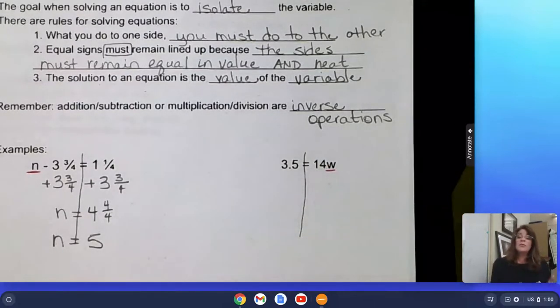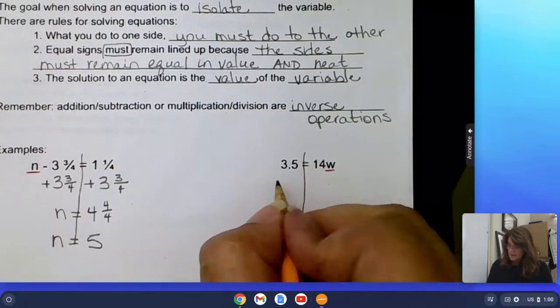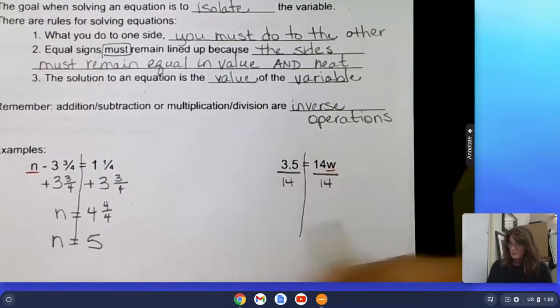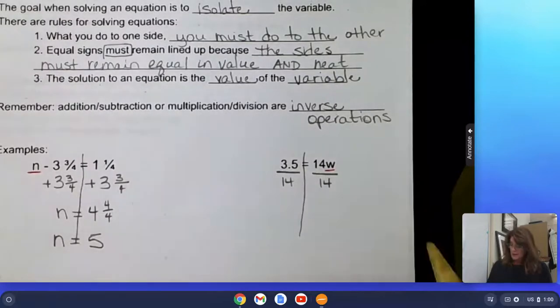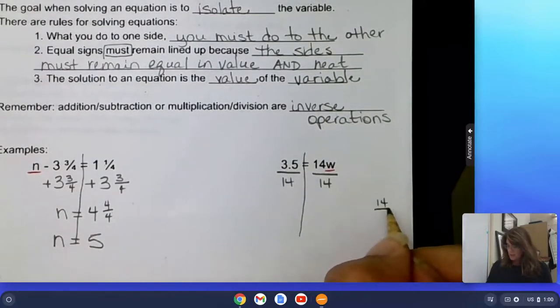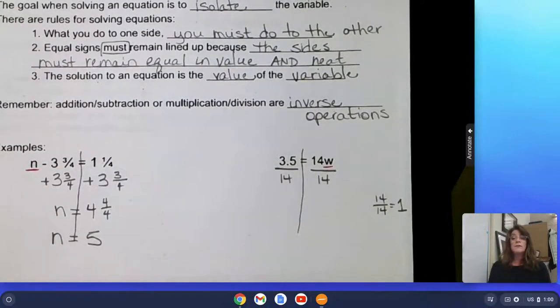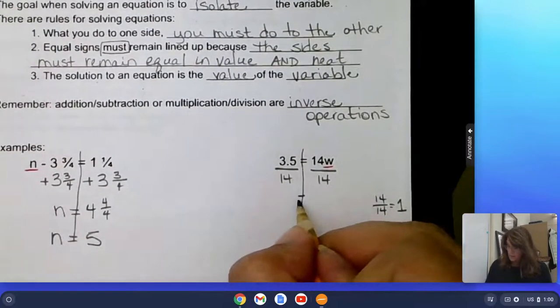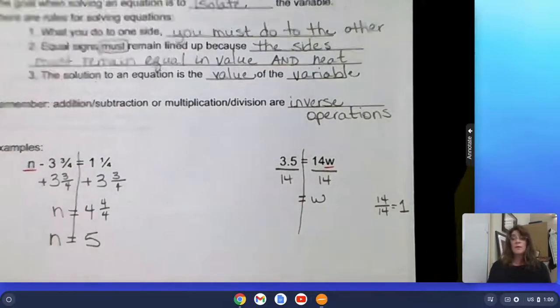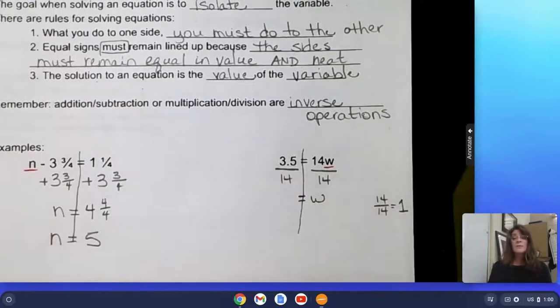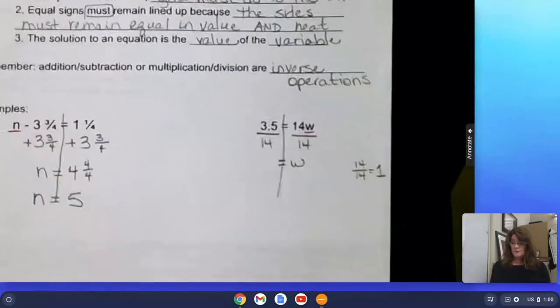The opposite of multiplying by 14 is dividing by 14. So because 14 over 14 equals 1, because we know that, now this is just 1w. And the value now means I need to do a little bit of division.